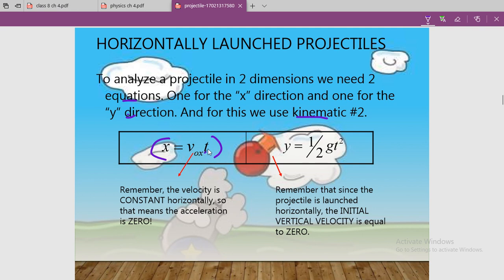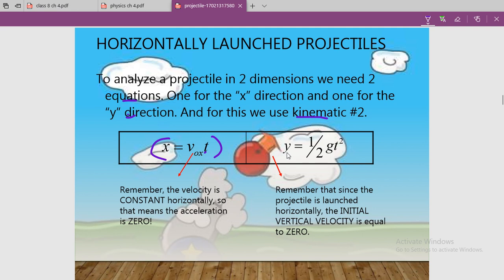Along the x axis there is no acceleration, so we must use the simple formula, velocity is equal to distance upon time, or displacement upon time interval. So x is equal to v into t, because in this direction there is no acceleration, so we can use the simple formula for uniform motion.